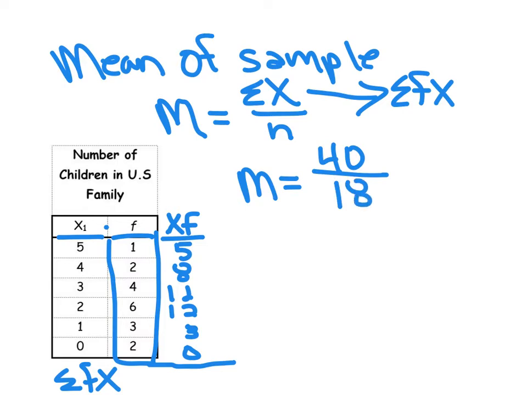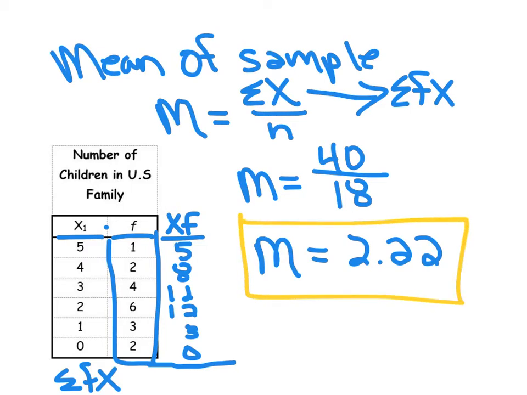Now we can just do 40 divided by 18, and that gives us 2.222 repeating. Because we need to report everything to the second decimal, the appropriate way to report this is M equals 2.22. This would be my final answer for the mean of this sample.